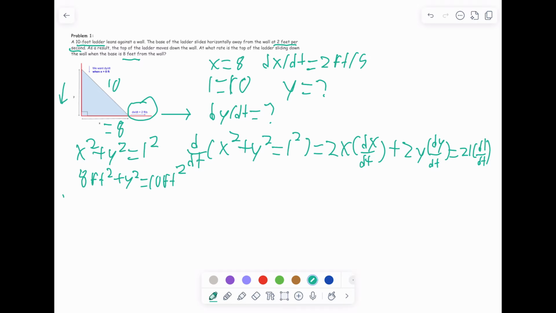And then y squared equals 10 squared minus 8 squared equals 100 minus 64 equals 36. So then from there you get that y equals 6 feet.